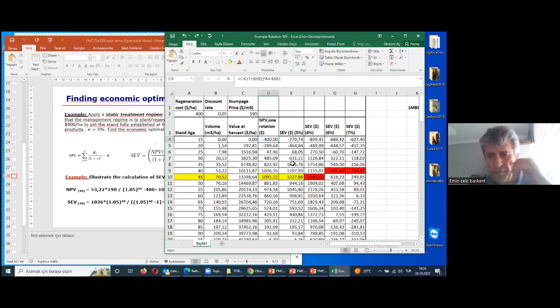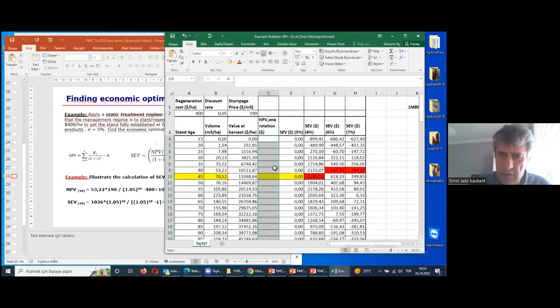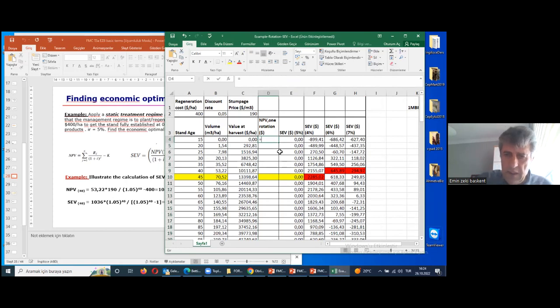So we were talking about net present value. We will just erase these values and do it together. Net present value is calculated like the total value multiplied by 1 plus interest rate to the power of the associated age, assuming that the age becomes a potential rotation period.